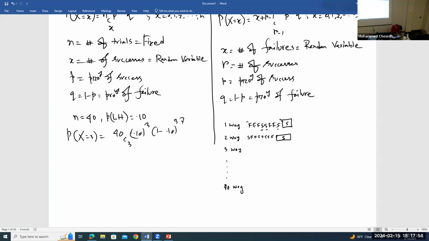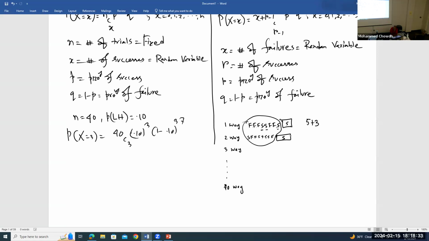So this part is just the binomial. Let me write it in this format. See whether you are convinced by looking at this. So 1, 2, 3, 4, 5, 6, 7, 8. Among these 8, he got 5 failures and 3 successes. And then this is the last one, right?